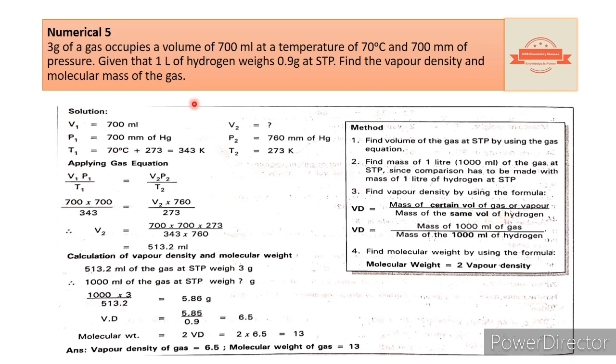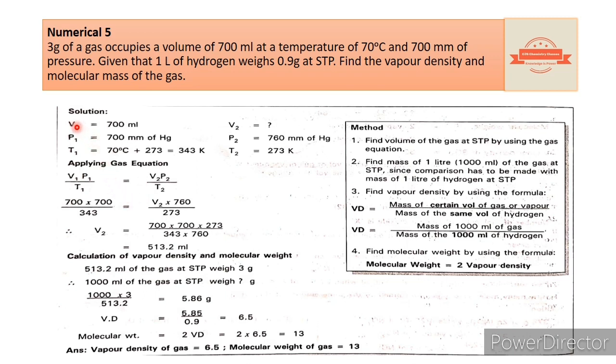In the problem, the gas is at temperature 70 degree and pressure 700 mm, whereas the mass of hydrogen is given for the same volume at STP. So we have to first calculate the volume of the gas at STP using the gas equation.